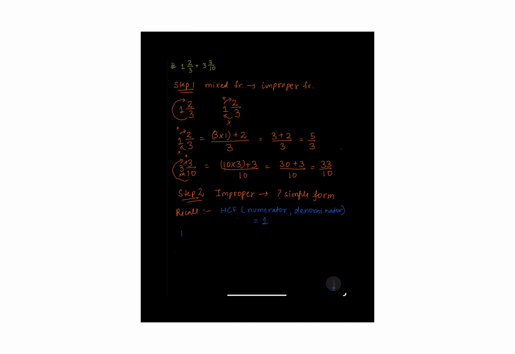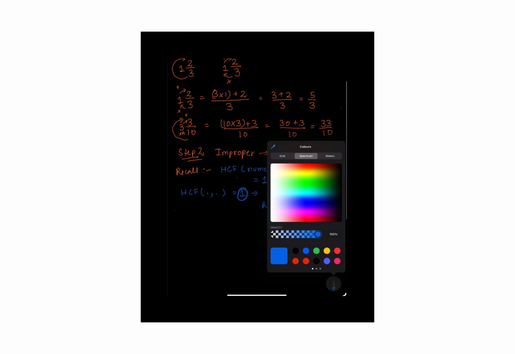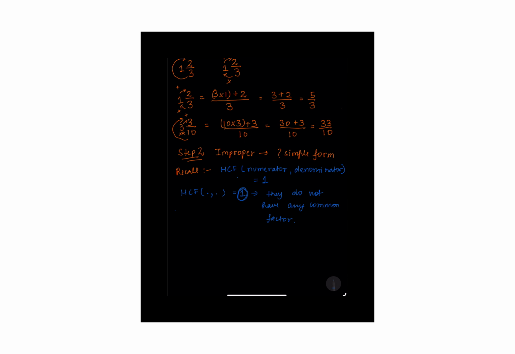What does it mean to have the HCF of any two numbers equal to 1? It means that they do not have any common factor, because HCF represents highest common factor. So if two numbers have highest common factor as 1, that means they do not have any common factor apart from 1.